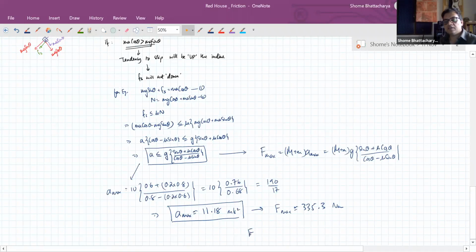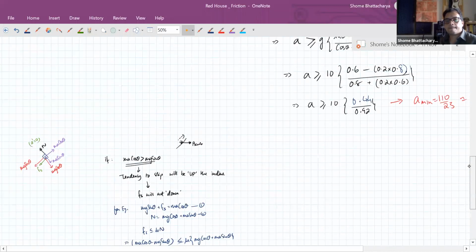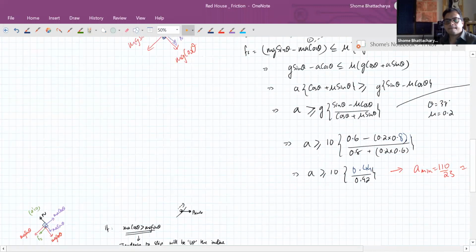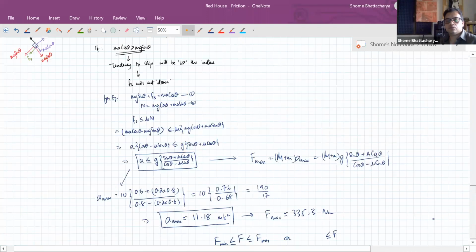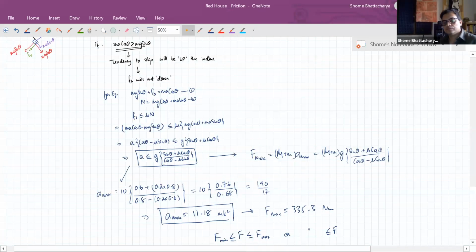So now we can see that our range of values of f has to be between the minimum value we calculated above and the maximum value we calculated here, or 143.4. This kind of a range.